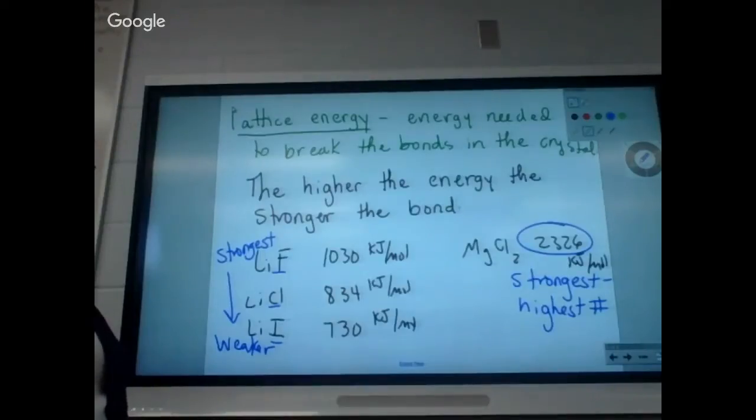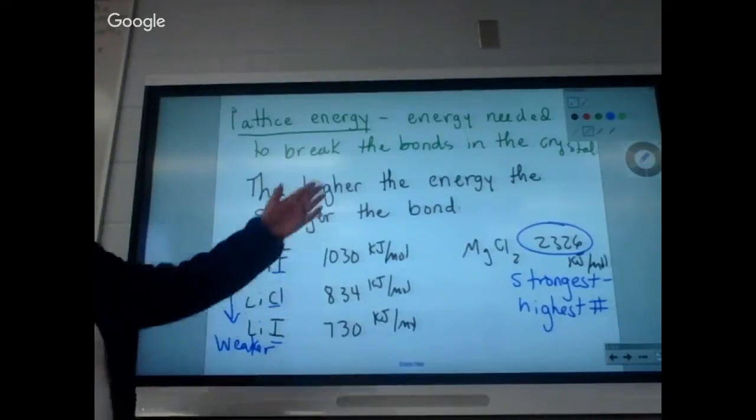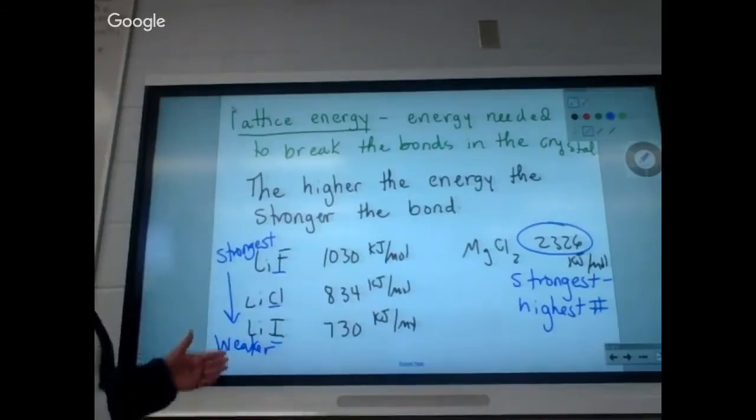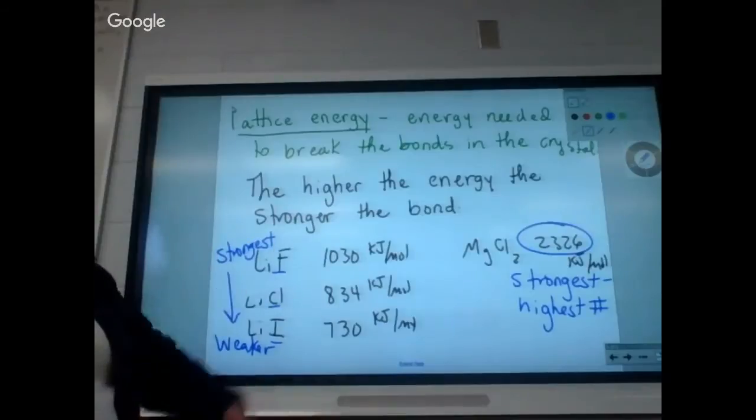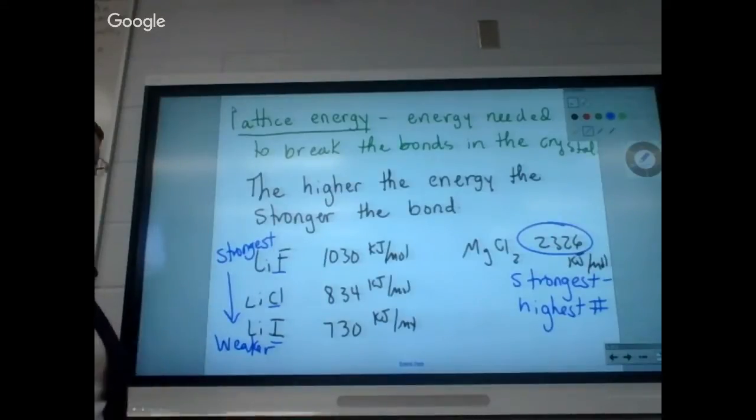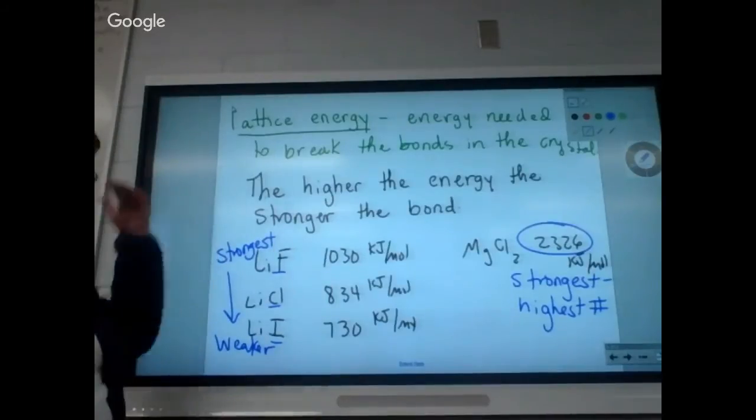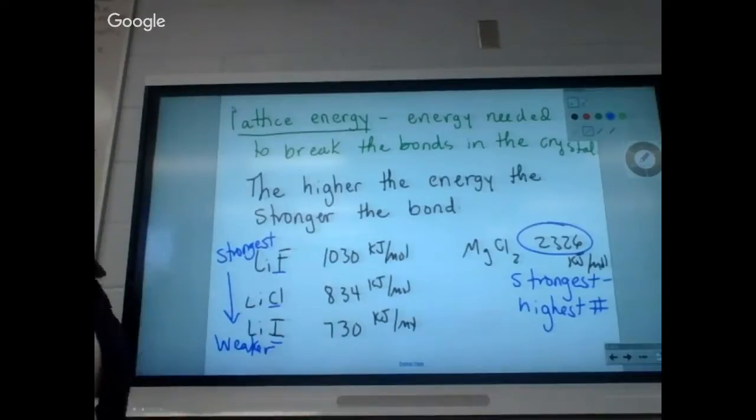Out of these 4 crystals I wrote down, which would have the greatest lattice energy? Who would have the strongest bond? Are we okay with that connection?